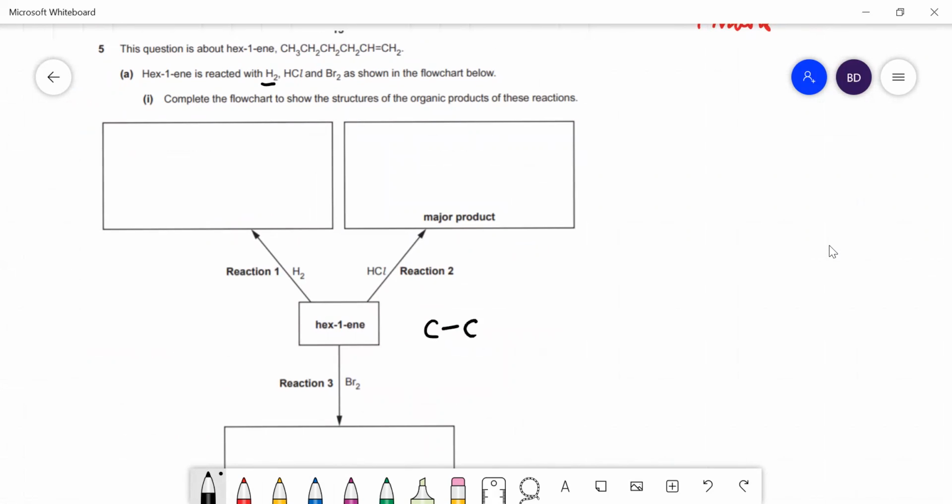You're going to have carbons 1, 2, 3, 4, 5, 6 there. You're going to have the double bond there. Okay, I won't bother drawing in all the hydrogens. Right, if you react it with H2, you're going to get an addition reaction. So you add the hydrogens across the double bond. So you're going to get hexane.